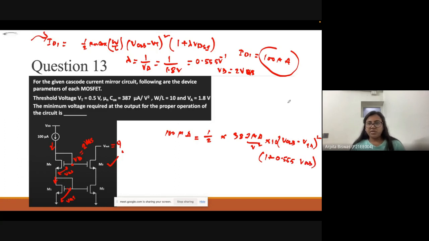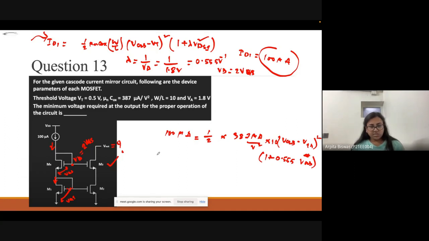Here we write VGS instead of VDS1. Why? Because here you can see the drain and gate are shorted. That's why, instead of VDS, we can write VGS.